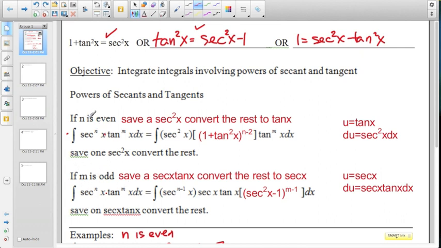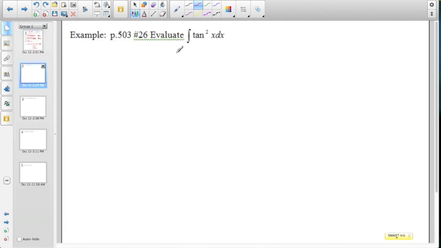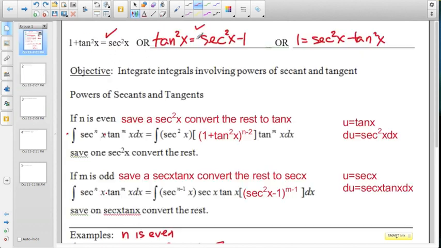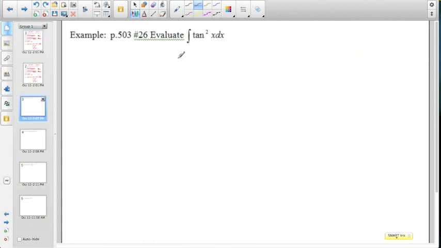So if the power on the tangent is an even power, then we're looking at just using this trig identity directly to get our even power of secant, and then we can apply that rule. So we're going to take this identity here, tangent squared x equals secant squared x minus 1.